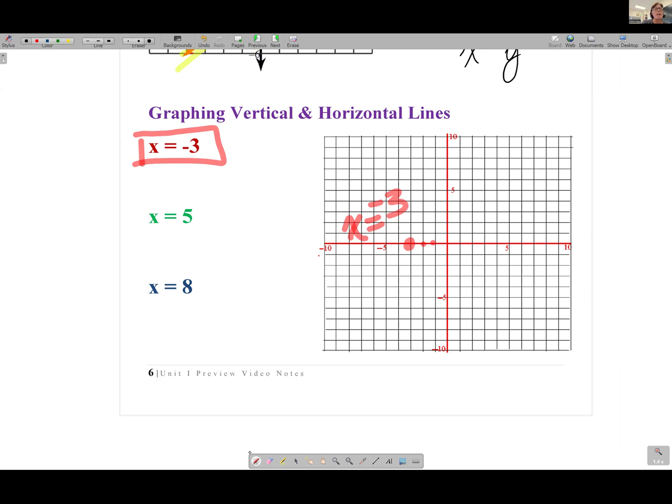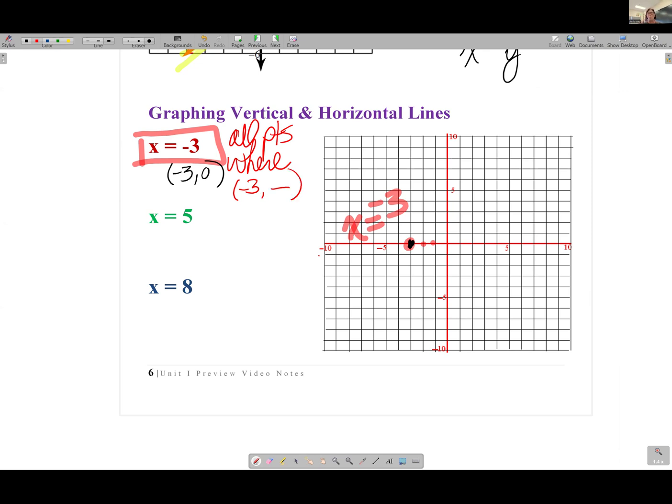This does not read x equals -3. What I just did right here is (-3, 0). It's a singular point. This reads like this: all points where x is -3, something.